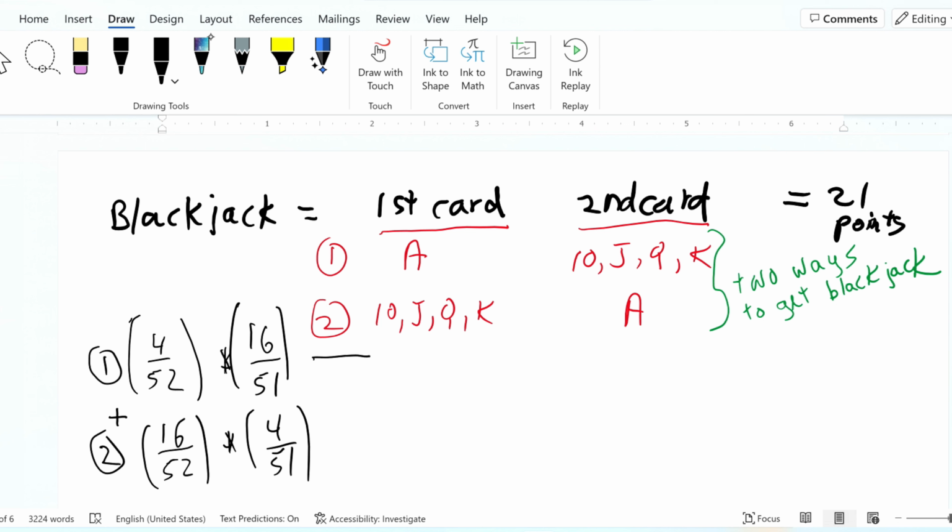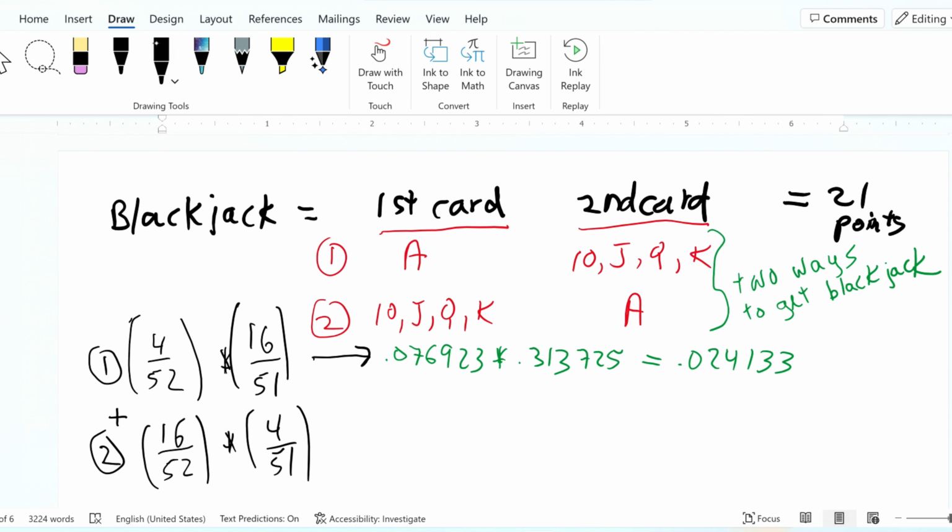4 out of 52 is, we did that before, 0.076923 times 16 out of 51, that's 0.313725. And multiply that, we get 0.024133.